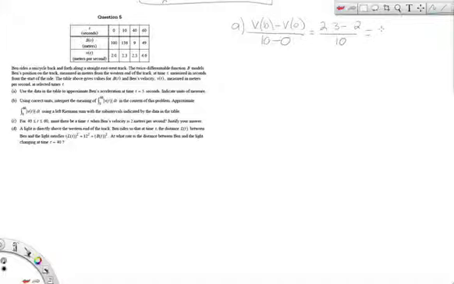So that's going to be 0.3 over 10, which is going to be 0.03, I guess. Indicate units of measure, and that was meters per second squared. Alright, part A is done.